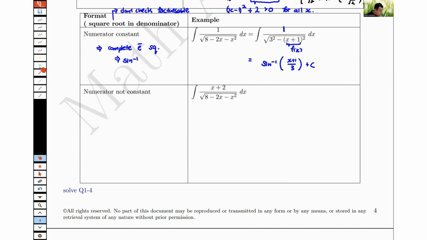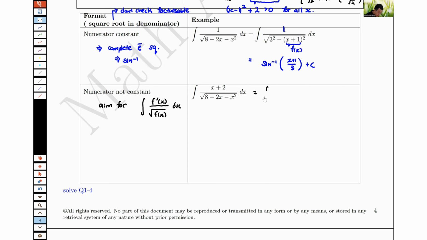And if my numerator is not a constant, the previous one is a constant, this is not, what do we aim for? When the top is not a constant, with a root, you are aiming for f prime over root f(x). Just now, it was f prime over f. Now, with a root, it's f prime over root f(x).